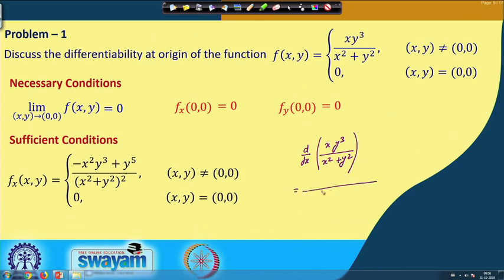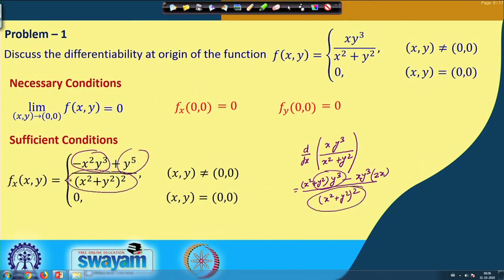So, this will be equal to, the denominator is x square plus y square, whole square, and the derivative of the numerator with respect to x will be y cube, then minus x y cube times the partial derivative of the denominator with respect to x, which is 2 x. So, here also we have 2 times x square y cube. So, we will get minus x square y cube, and then y power 5, over x square plus y square whole square.